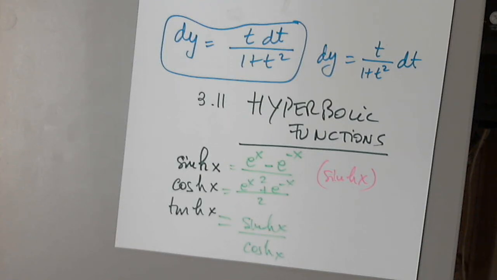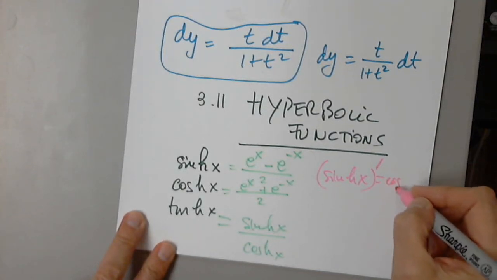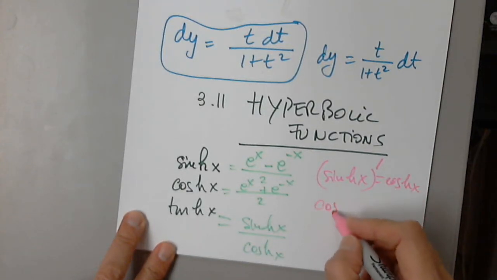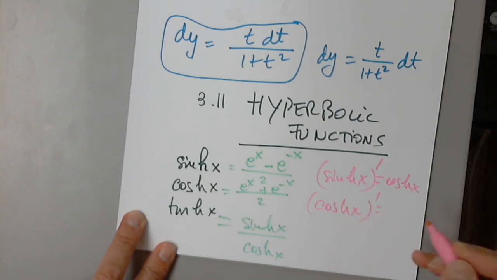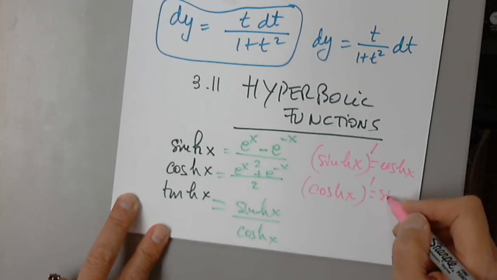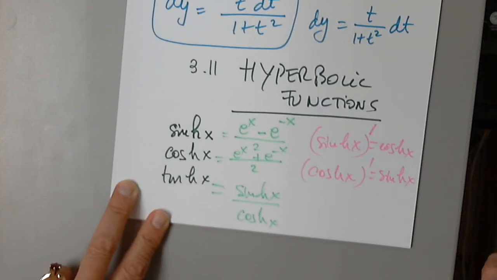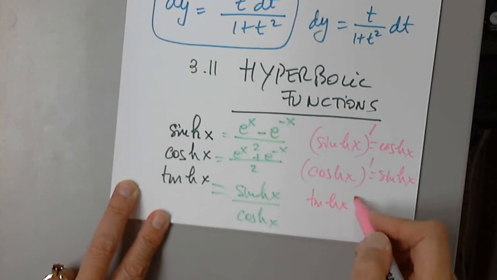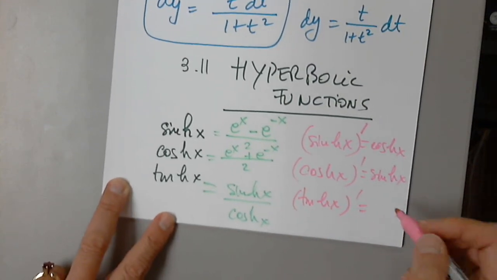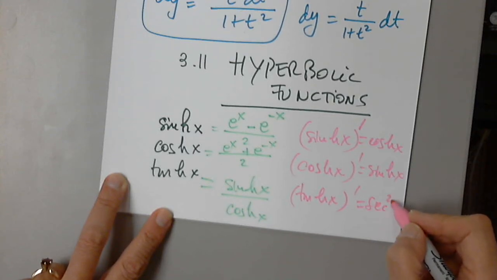I guess because the relationships between them are very similar to the relationship between sine, cosine, tangent, etc. That's what I think happened. So this prime is hyperbolic cosine. Hyperbolic cosine, you would expect a negative in there. It's not. It's hyperbolic sine. And of course, hyperbolic tangent, you would expect, and it's true, it's hyperbolic secant squared.